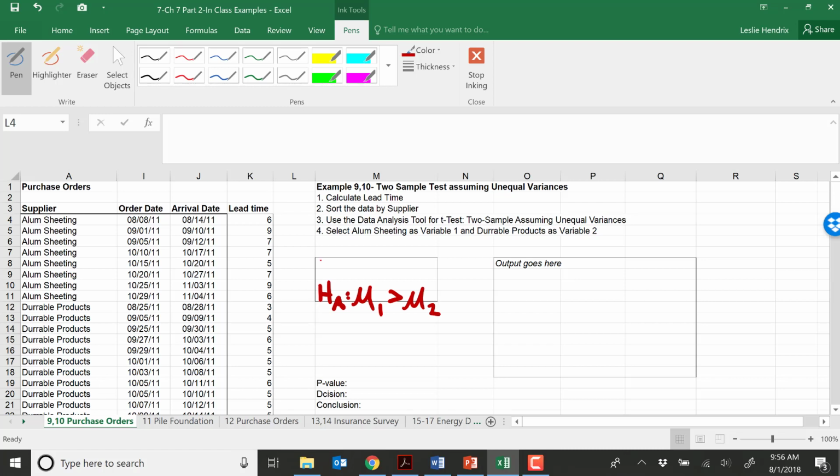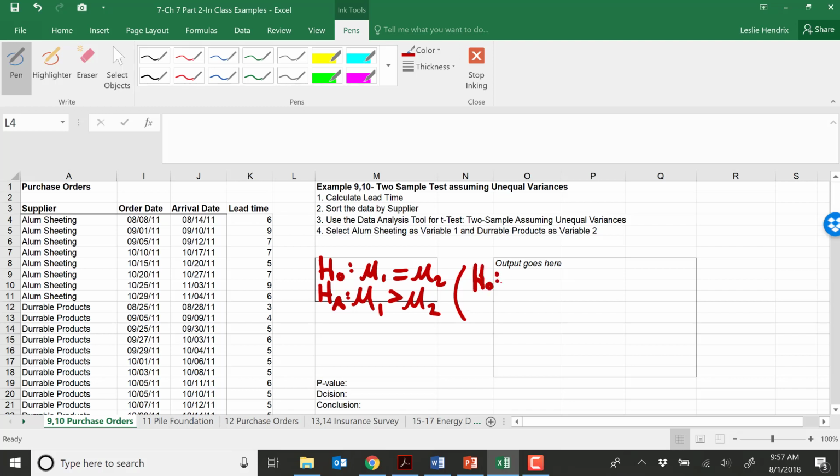And what does that make the null? Again, you can either write mu1 equal to mu2 or mu1 less than or equal to mu2. Either way is fine with me. All right, so we've got our hypotheses, and make sure you notice that we could rewrite these.